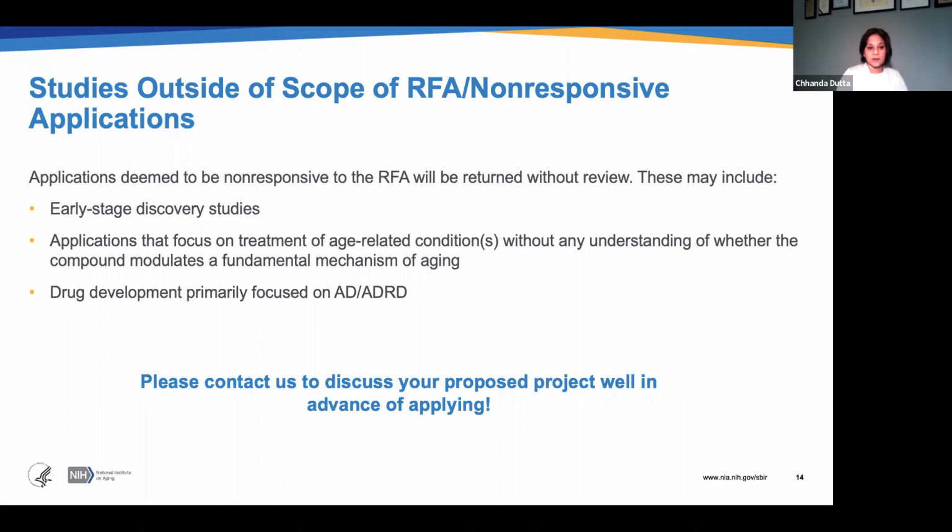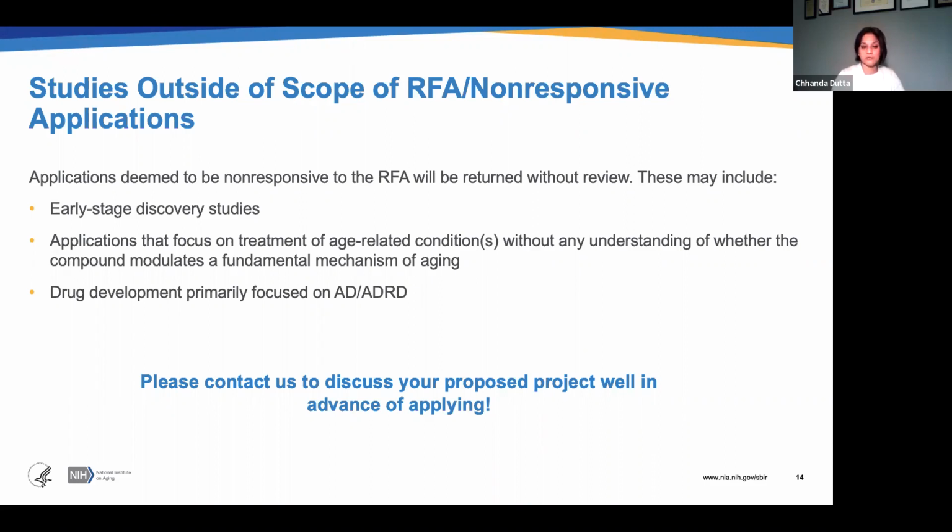And then finally, drug development primarily focusing on Alzheimer's disease and Alzheimer's disease-related dementias are also considered out of the scope of the RFA. Our Division of Neurosciences at the NIA has an extensive number of FOAs available for translational research on AD, ADRD, and we encourage you to look at that link.